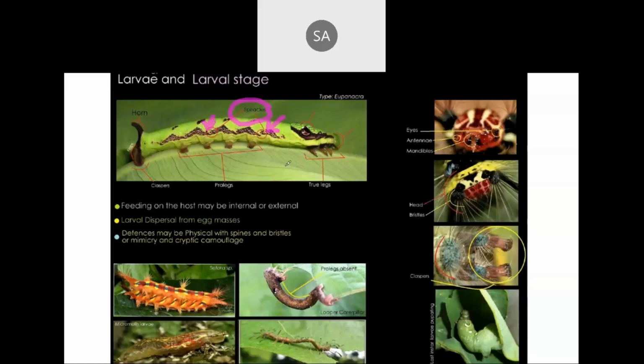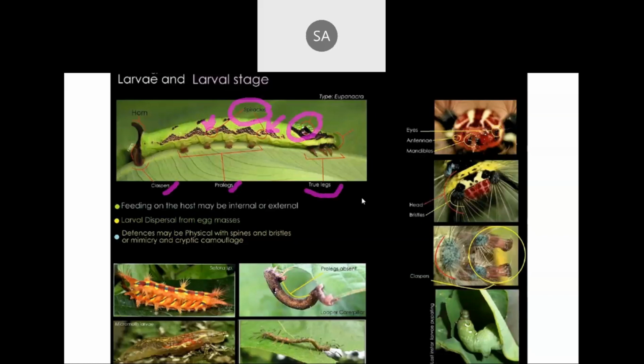Then there are eyes. The false eyes are also there. Then we have different types of legs. First are the true legs, then prolegs, then claspers. The claspers allow the larva to hold the surface. Prolegs and true legs allow the larva to move about.